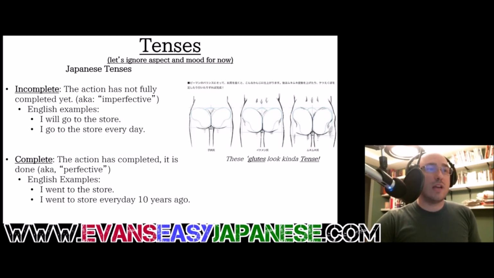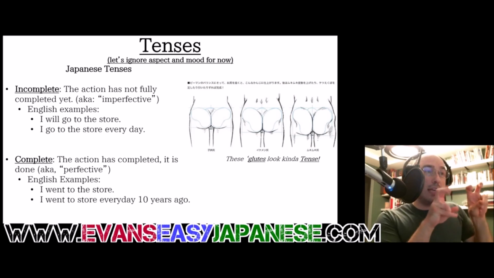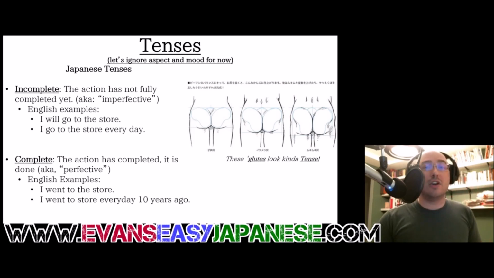The next one. I went to the store every day 10 years ago. So 10 years ago, I went to the store every single day. Sure, it was continuous over a long period of time. But that going every day was 10 years ago and it's done. It is completed. So even in a situation where it seems habitual, or over time, it is still a complete action.